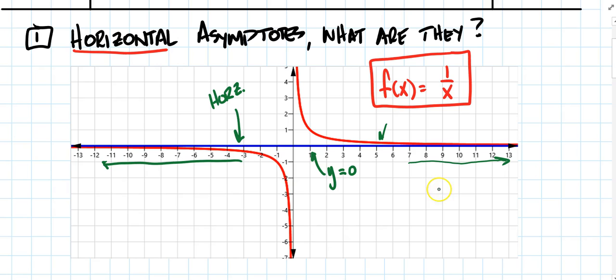So a better definition is that it's a horizontal line, in this case y equals 0, that the function behaves like for big and small values of x. All rational functions have some sort of horizontal asymptote if certain conditions are met, and that's what we're going to figure out today.